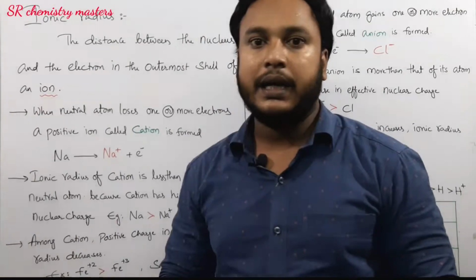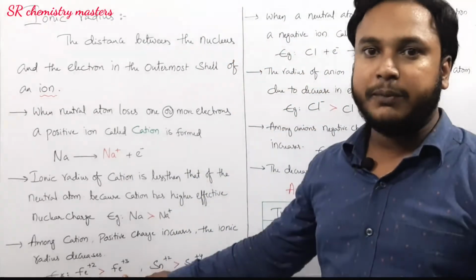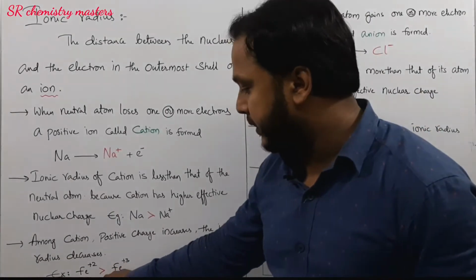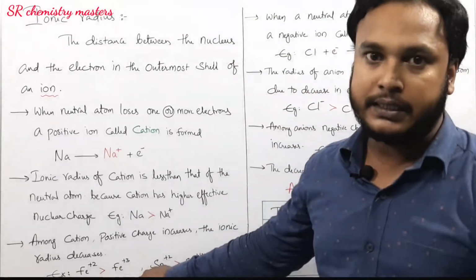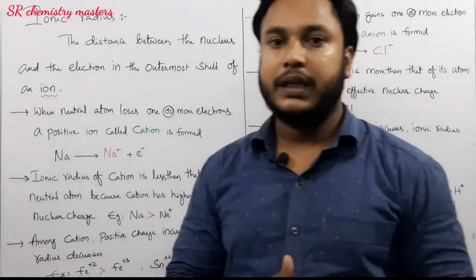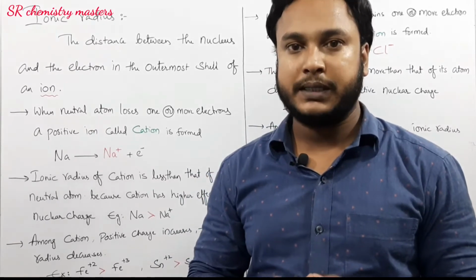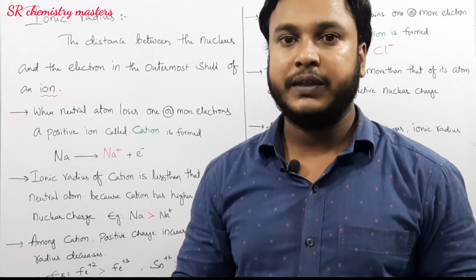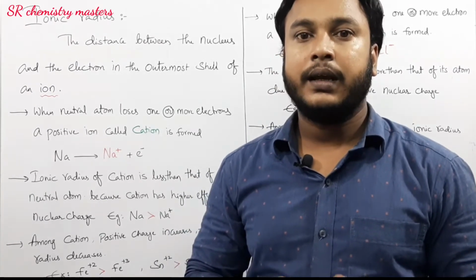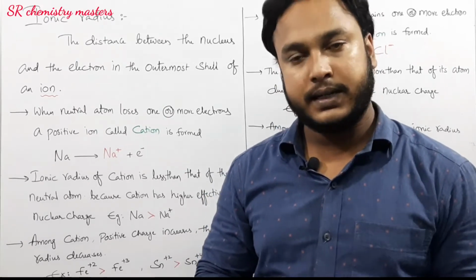If we compare the ionic radius of Fe+2 and Fe+3, Fe+2 has greater ionic radius when compared to that of Fe+3. This is because Fe+3 has higher charge. As the charge of Fe+3 is more when compared to that of Fe+2, the force of attraction between the electrons and the nucleus in Fe+3 is more, because of which the ionic radius decreases.